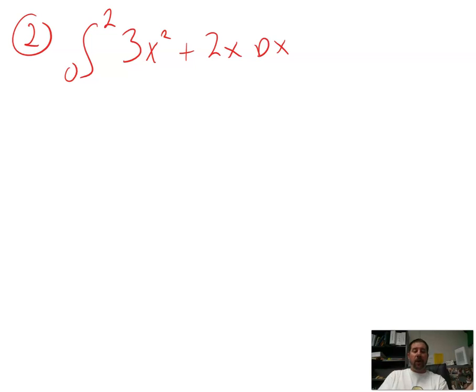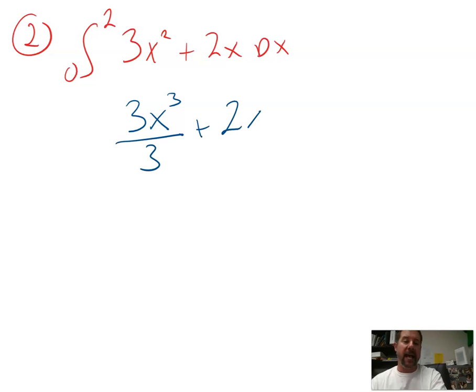All right, but if I want to do this problem, again, what we're going to do is take the antiderivative of this function. So to take the antiderivative, we're going to do each piece individually. Again, you do the opposite of a derivative, so you're going to add 1 to the exponent, divide by the new exponent, plus add 1 to the new exponent, divide by the new exponent, and then we're going to evaluate that from 0 to 2.